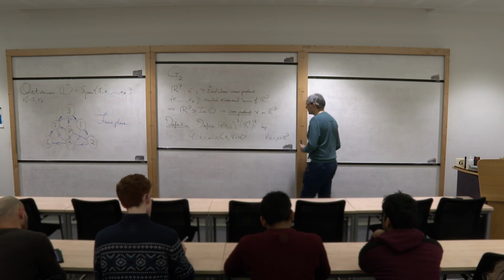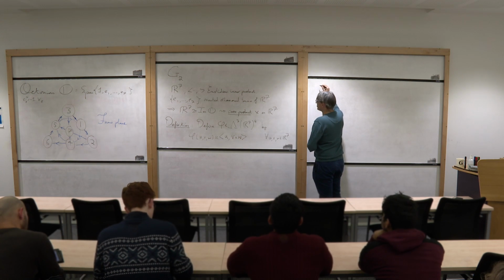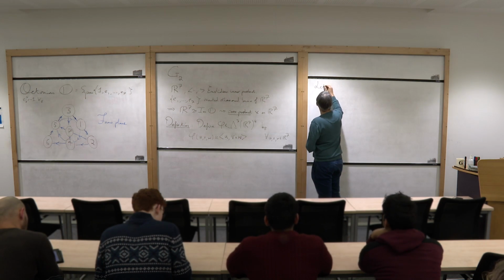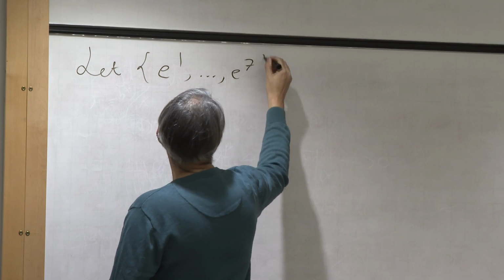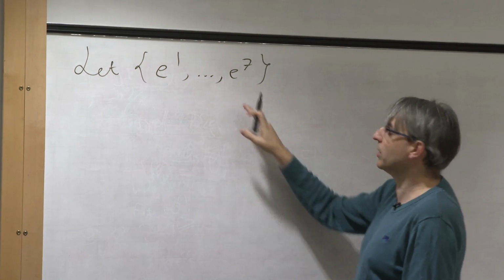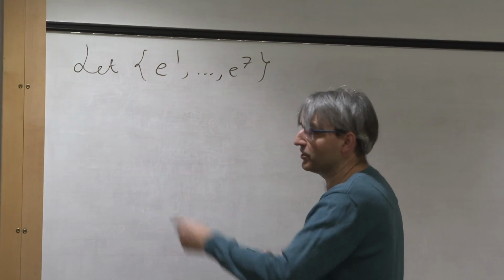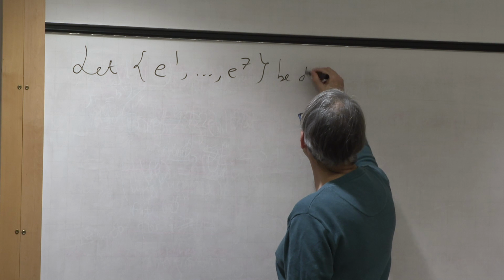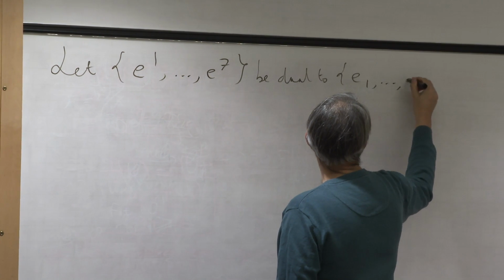Right. Now, I'm going to introduce some notation. This is a bit physicsy, but some of you might like physics. I'm going to let E1 up to E7 with the raised index be the dual coframe to E1 up to E7.